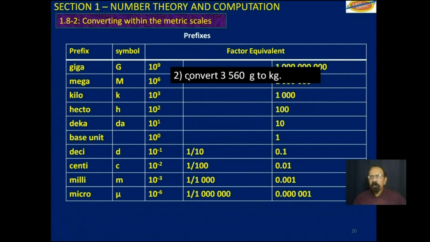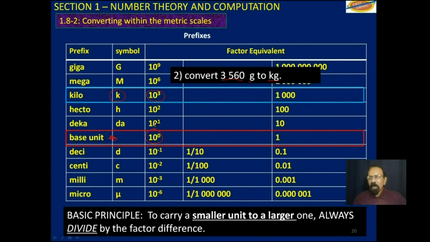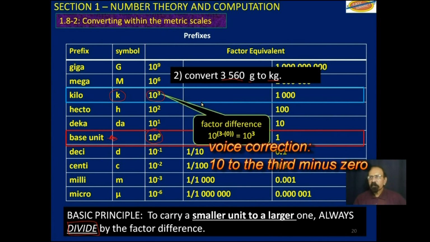Example 2. Convert 3,560 grams to kilograms. Let's see where those are. So grams is here, that's a base unit. You're going to kilograms, you're going up here. So we will subtract from that. We are going to subtract this to get the factor difference. And since we're going from a smaller unit to a larger unit, we will divide. So let's see what the factor difference is. 10 minus 0.